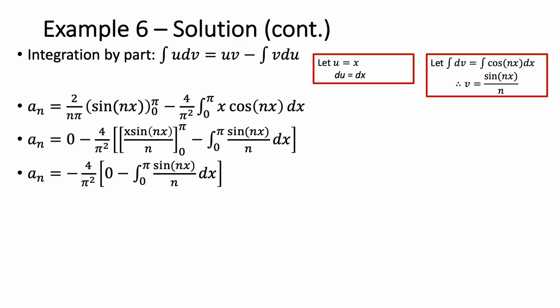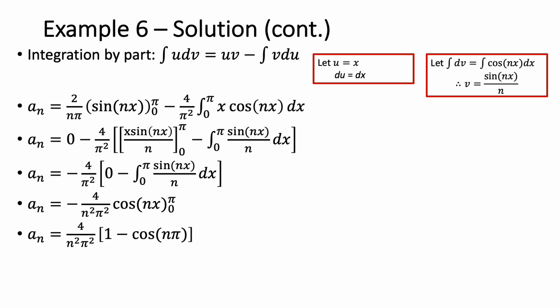We simplify the equation. An equals minus 4 over n squared pi squared cos nx from 0 to pi. And if we substitute the 0 and pi, we have An equals 4 over n squared pi squared times 1 minus cos n pi.